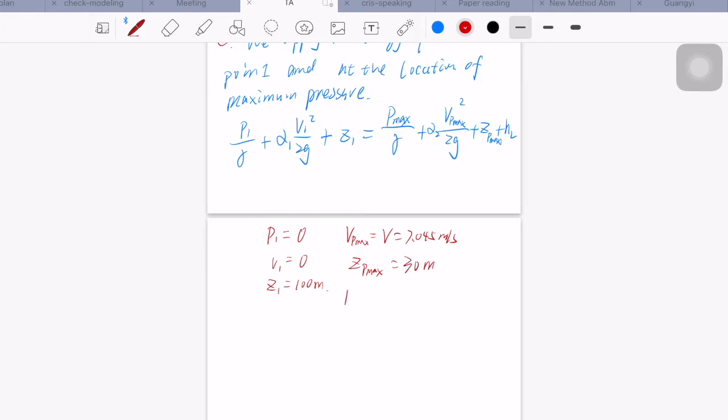The head loss HL equals 0.014 times 500 meters over 0.6 meters times 7.045 meters per second squared over 2g.